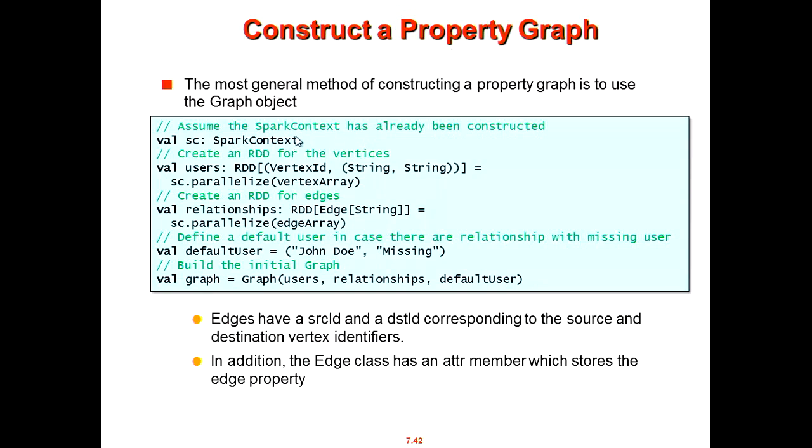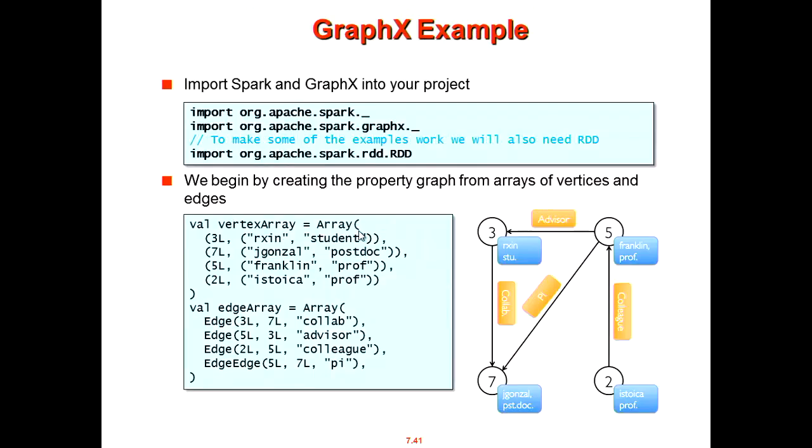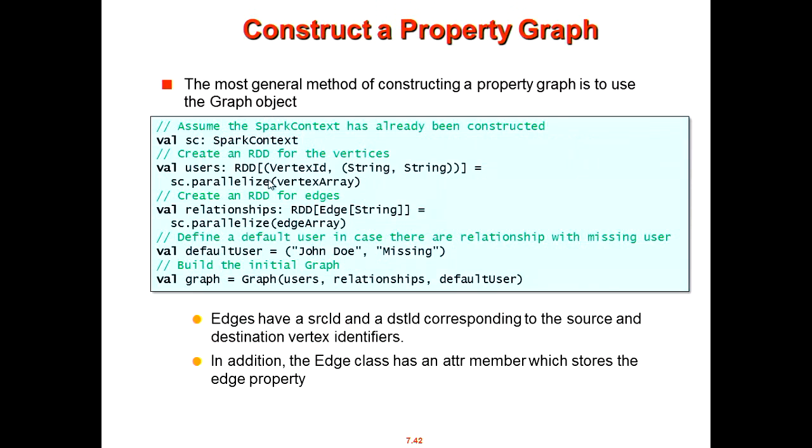After you create this Spark context object, we need to use RDD to parallelize the vertex array. Originally it is just an array, it's not an RDD. We need to parallelize the 2 arrays to RDDs. So we parallelize the vertex array and parallelize the edge array. Now we get 2 RDDs. One is used to store the vertices and another is used to store the edges.